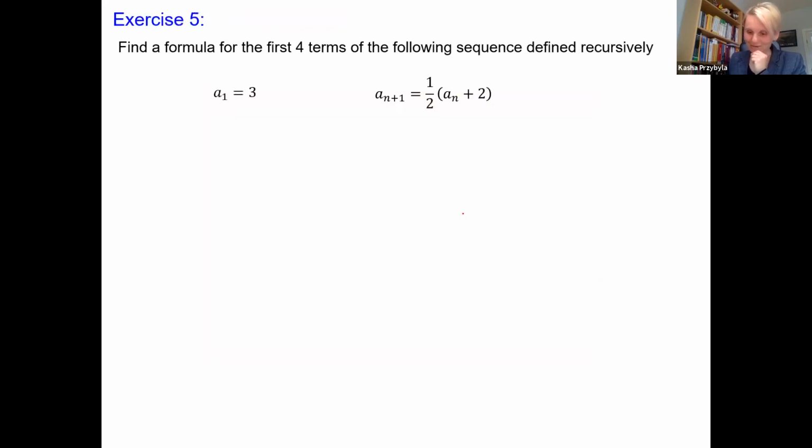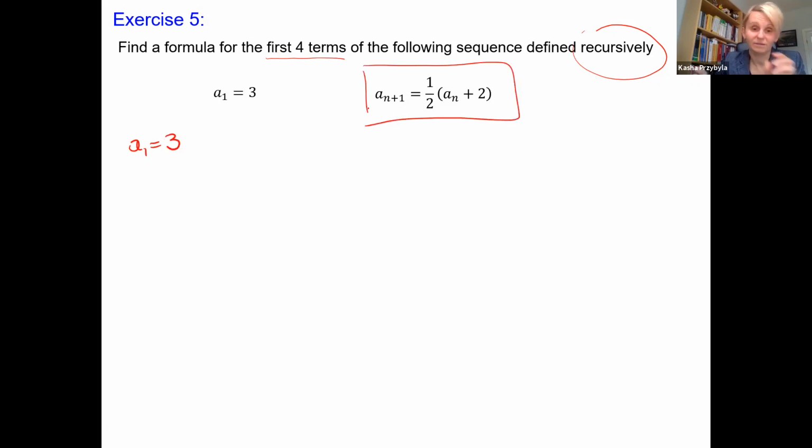Okay, now let's focus on the recursive definition. These numbers will not be as beautiful as the Fibonacci numbers, but let's just compute the first 4 terms of this definition. We have the first term, it's 3, and then this is the definition.